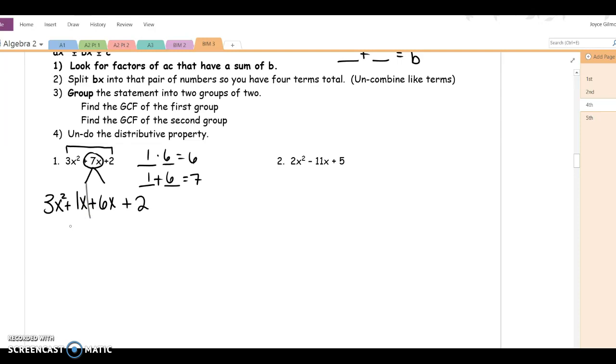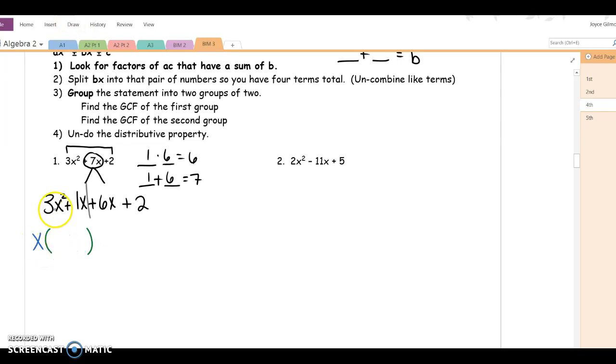Your next step, directly after the second term, draw a line to split this into 2 groups. The first 2 terms are the first group. The second 2 terms are the second group. In that first group, what do 3x squared and 1x have in common? X. We are going to factor x out of that first group. There's a couple ways you can think of this.